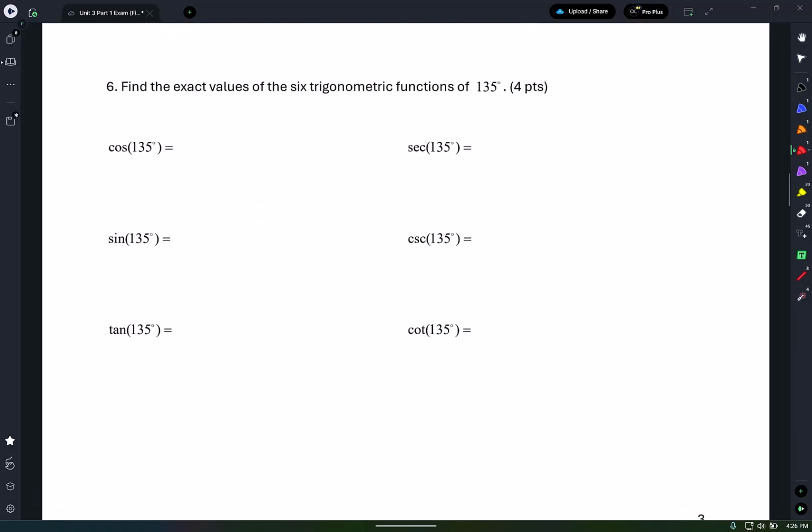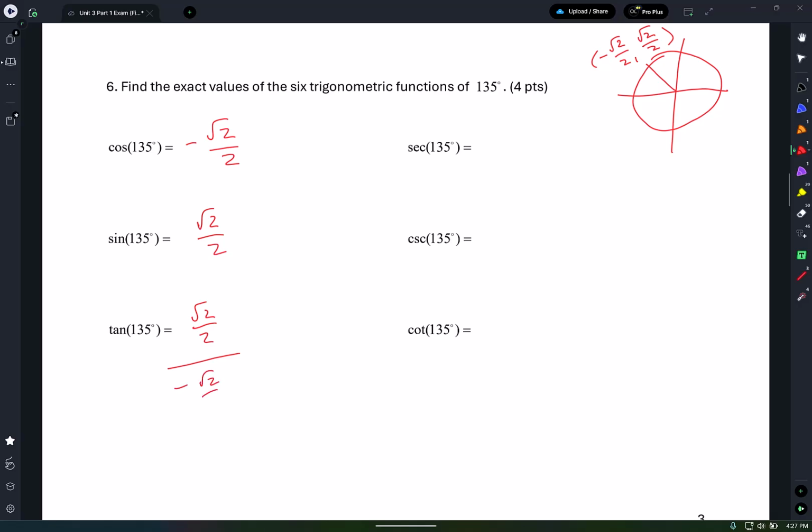135 degrees. So 135 degrees is the one in the middle of quadrant 2. So the x is negative square root of 2 over 2, and the y is square root of 2 over 2. Okay. So cosine of 135, negative square root of 2 over 2. Sine of 135, square root of 2 over 2. Tan of 135 is y divided by x, so square root of 2 over 2 divided by negative square root of 2 over 2, so a negative 1.